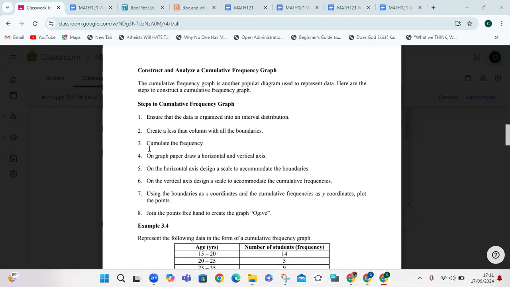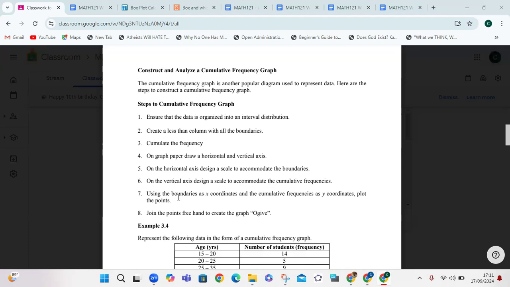Third, cumulate the frequency. Fourth, on graph paper, draw a horizontal and vertical axis. Fifth, on the horizontal axis, design a scale to accommodate the boundaries, which is the variable, the data. Sixth, on the vertical axis, design a scale to accommodate the cumulative frequencies.